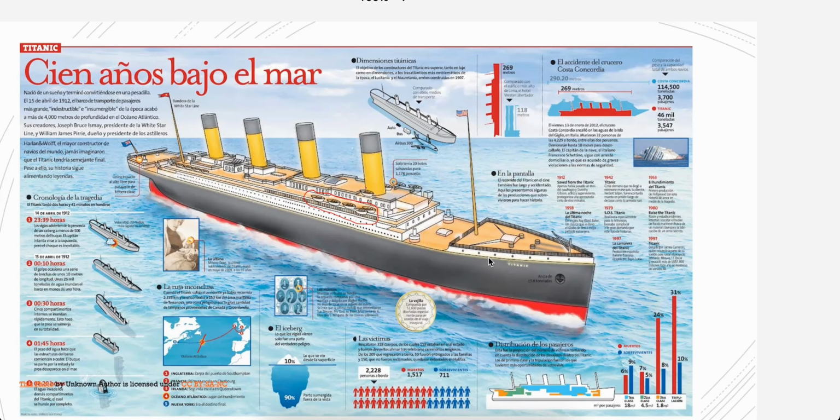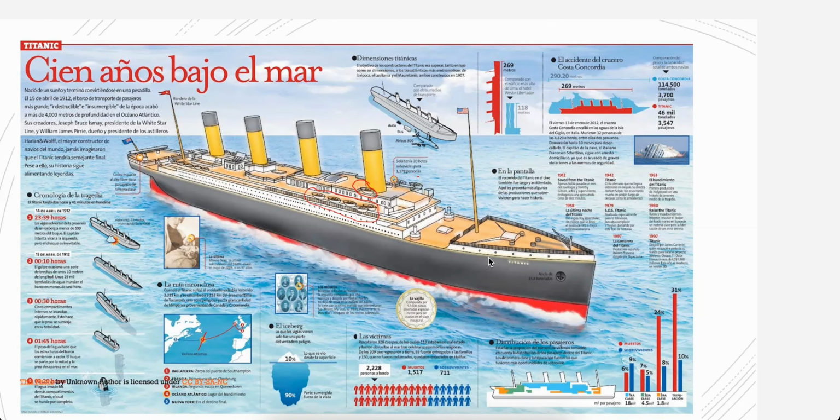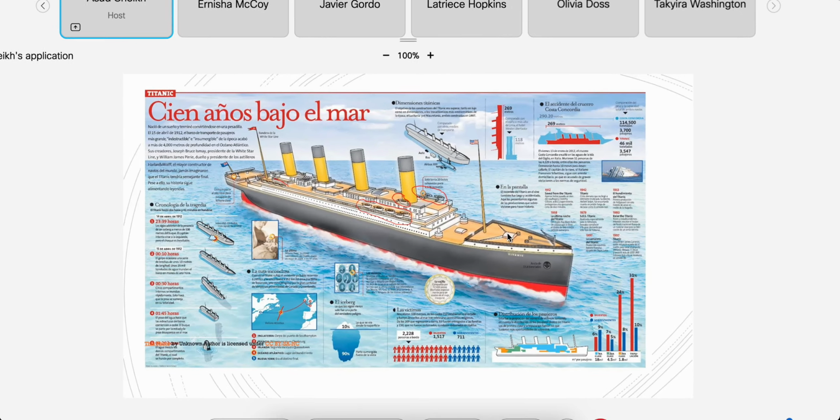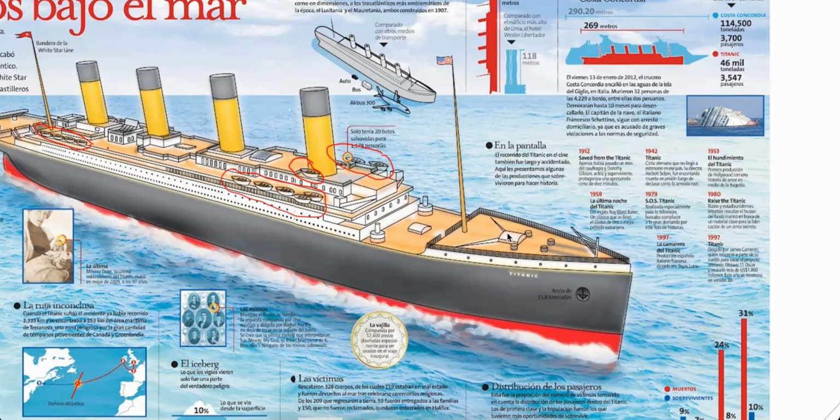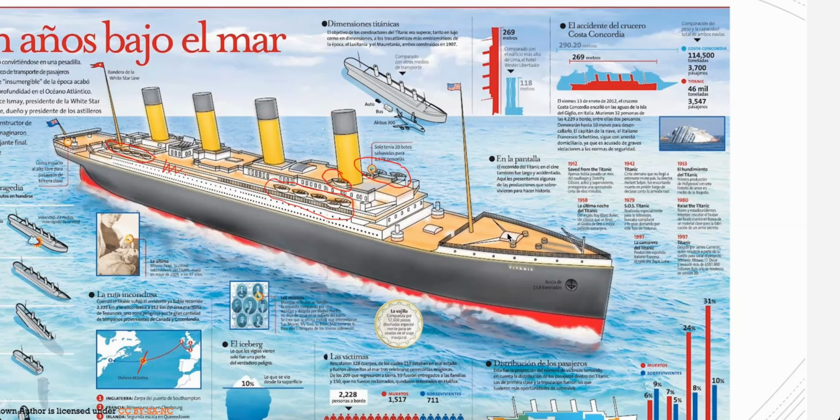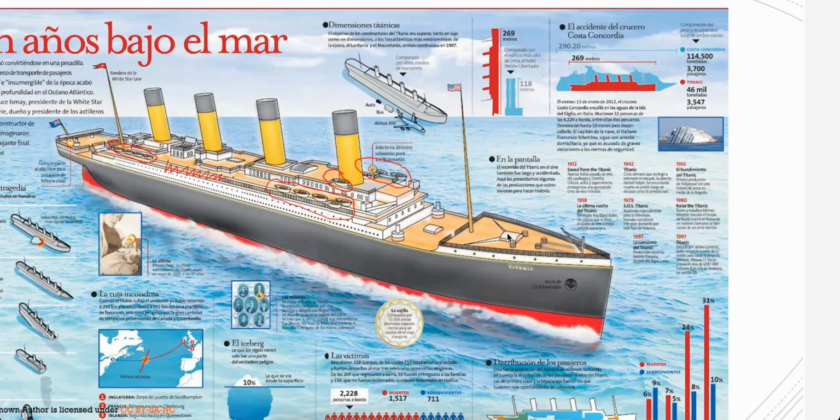They did not have enough lifeboats for everybody. There's a lot of space available here, but they did not add enough for everyone. So when the ship was damaged and sinking, they couldn't save everyone, and a lot of people died.